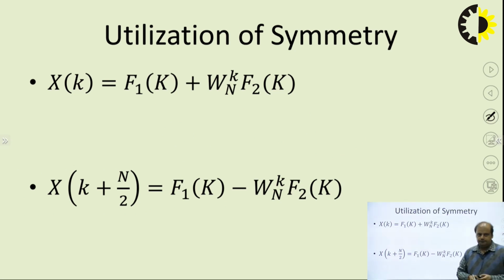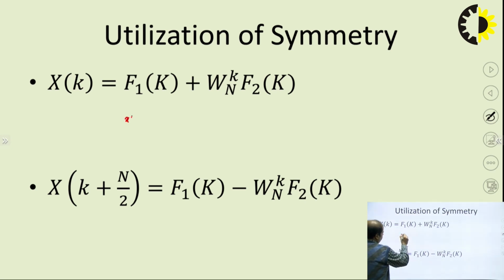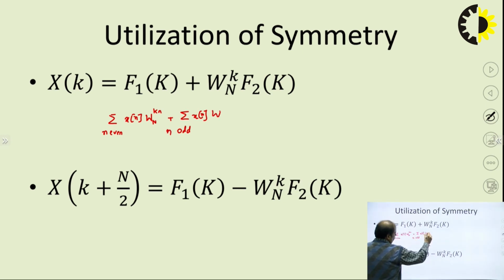Just a brief about it, I will not go into details, but X of k can be written and divided into x of n for n values where n is even, and Twiddle factor raised to the power kn, plus the remaining x of n's which are odd integers, n is odd, Wn raised to the power kn.